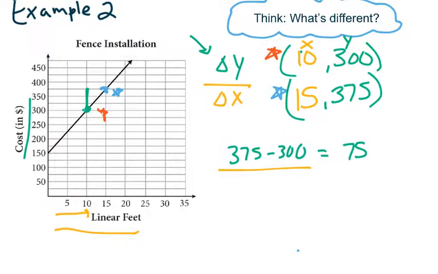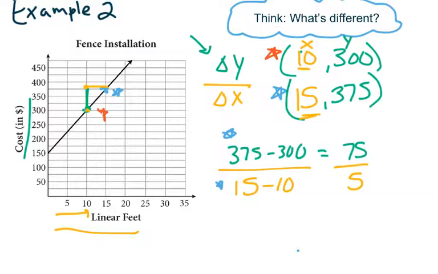And then for my denominator, I'm moving from 10 over to 15. So again, 10 and 15, those are my x values. This time I started with blue. This is my blue y value. So I want to start again with my blue value. So I'm going to go 15 minus 10 is 5.